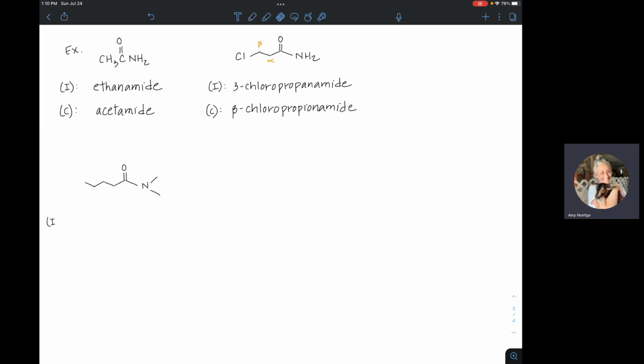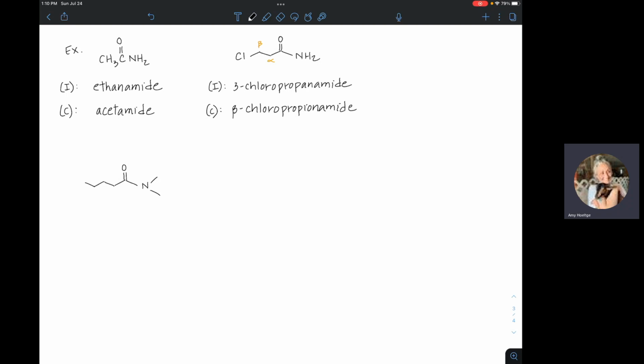Actually, this is all one system, so we'll just do this. We're going to name this using systematic nomenclature. It's totally fine to use common nomenclature, but I'm just going to stick to one right now. You would only be changing the common name of the carboxylic acid if it has 6 carbons or less.